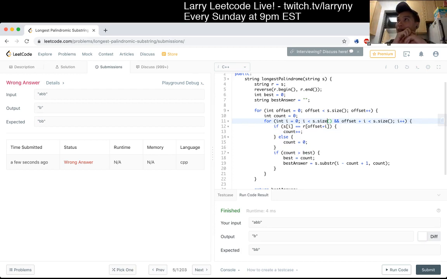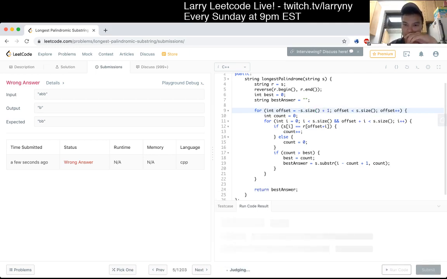Oh no, I'm just being dumb. Because offset is not just off, and offsets, you have to go the other way as well in this case. Yeah. Okay. I should fix that because that's gonna crash.